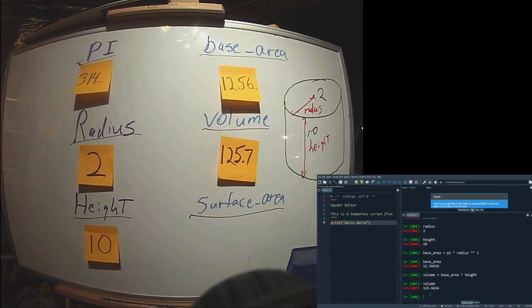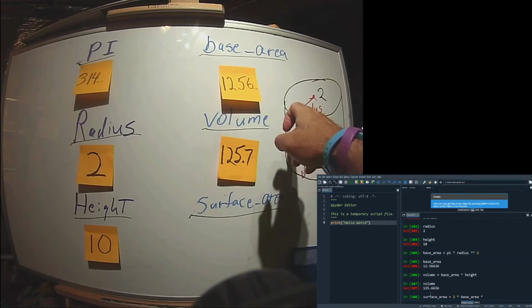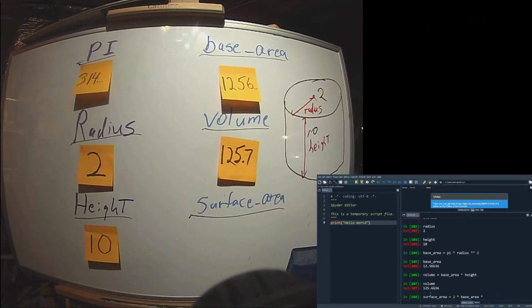And now we have the final one, which was surface area. This is a little more complicated. Surface area is, like I said, twice the end caps. Plus, well, now we have to find the circumference of an end cap.